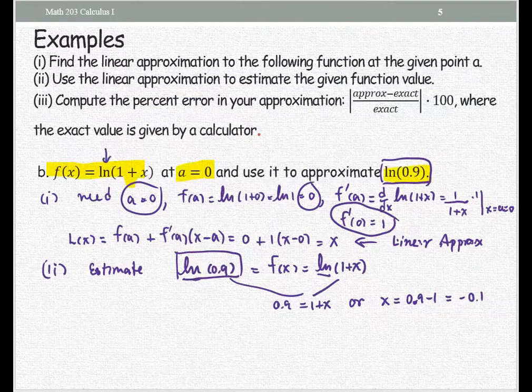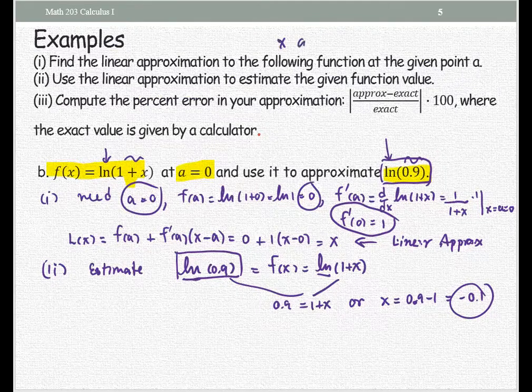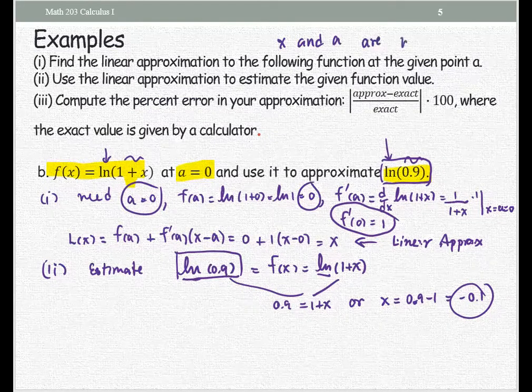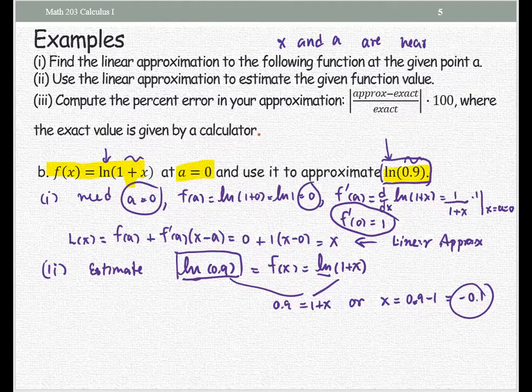You have the log here, compare the input, and that will give you the value of x we're going to use. Another way to check: since we need a good approximation, the x and a have to be very close and near. So the two values have to be very close to each other. Otherwise, the approximation is not good.